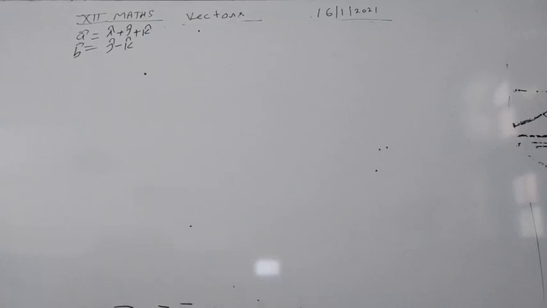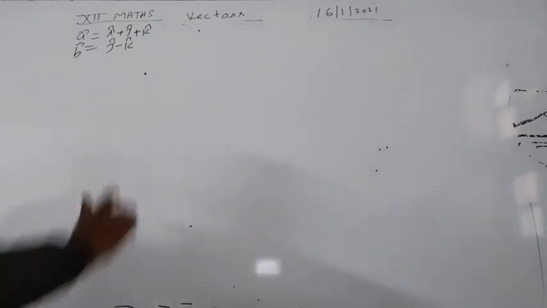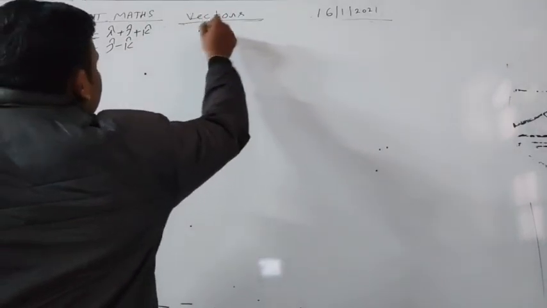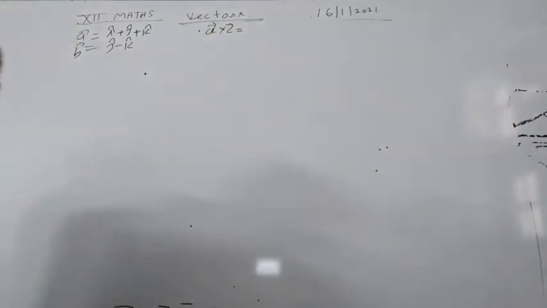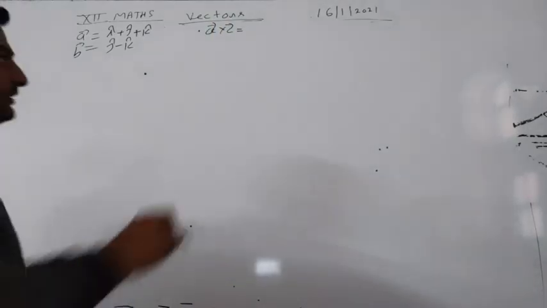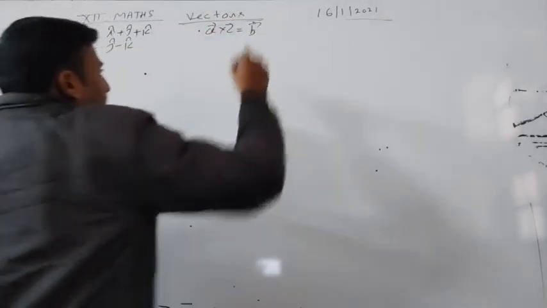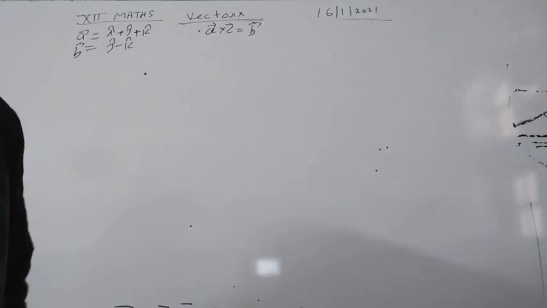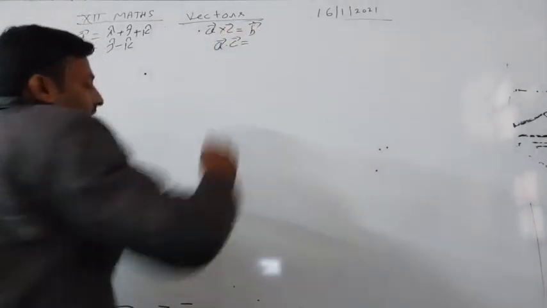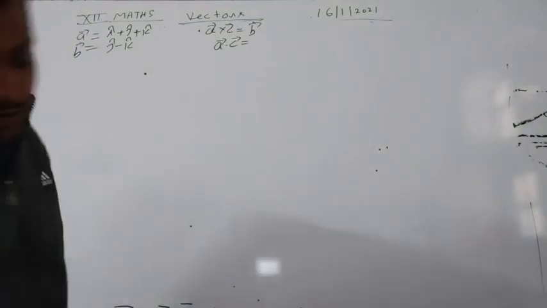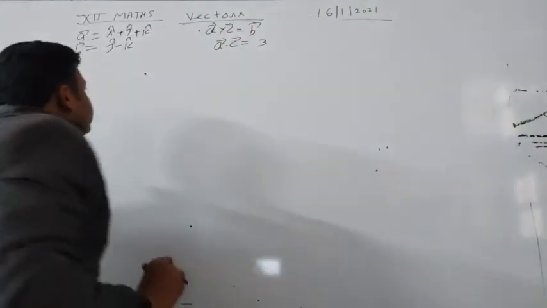Then find the vector C such that A cross C is equal to B and A dot C is equal to 3.